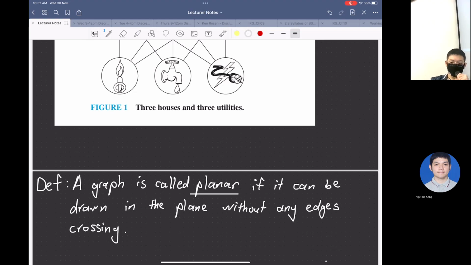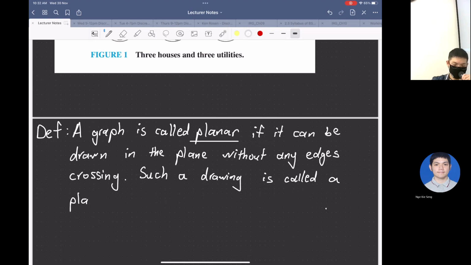Okay. So if it can be drawn without edges crossing, then that's fine. And then such a drawing is called a planar representation.